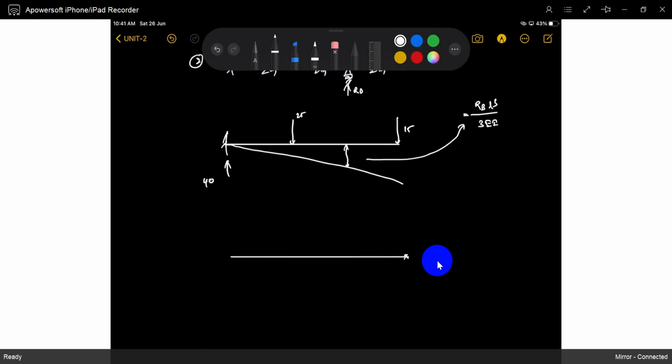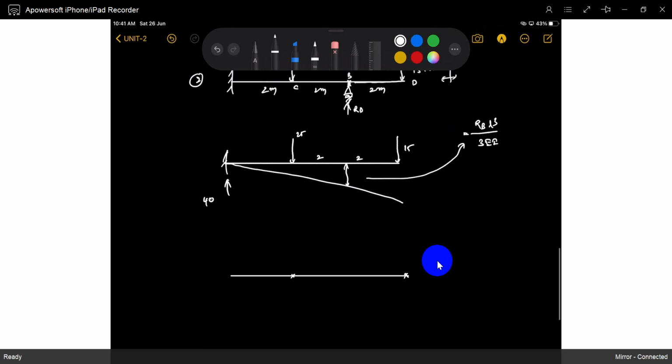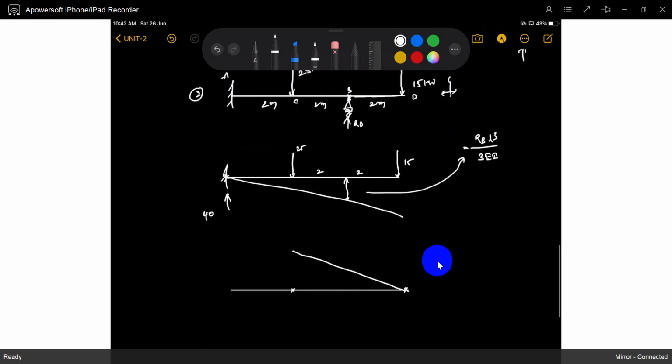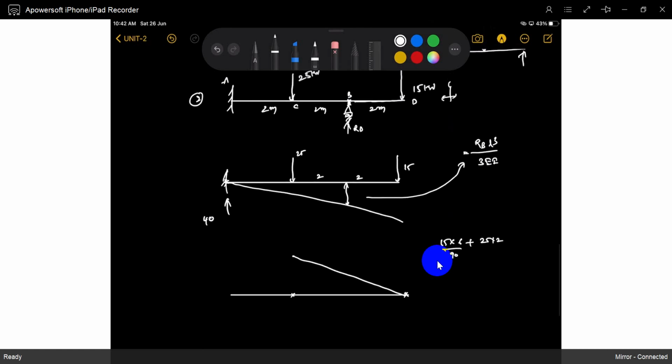So bending moment is 0 up to this location. 15 into 4, 60, straight line. So at this location, 15 into 6 plus 25 into 2. 15 into 6, 90. 25 into 2, 50.